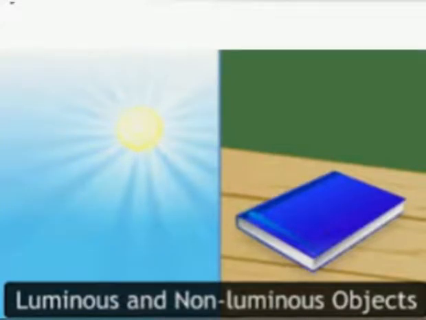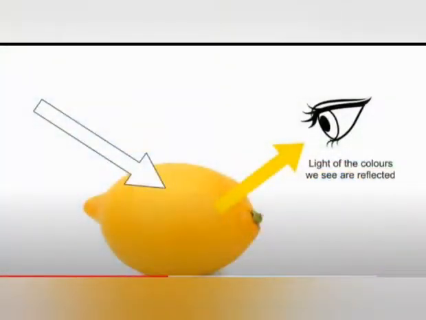Objects that are capable of giving out light by themselves are called sources of light or luminous objects, whereas objects that do not emit light of their own are called non-luminous objects, for example, a copy, a book, etc. When light from a luminous object falls on non-luminous objects, some of the light gets reflected in different directions. When this reflected light enters our eyes, we can see the non-luminous objects.